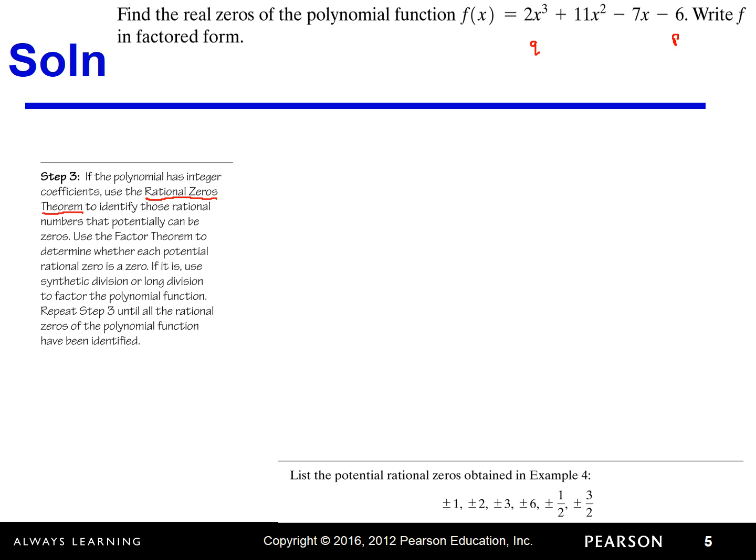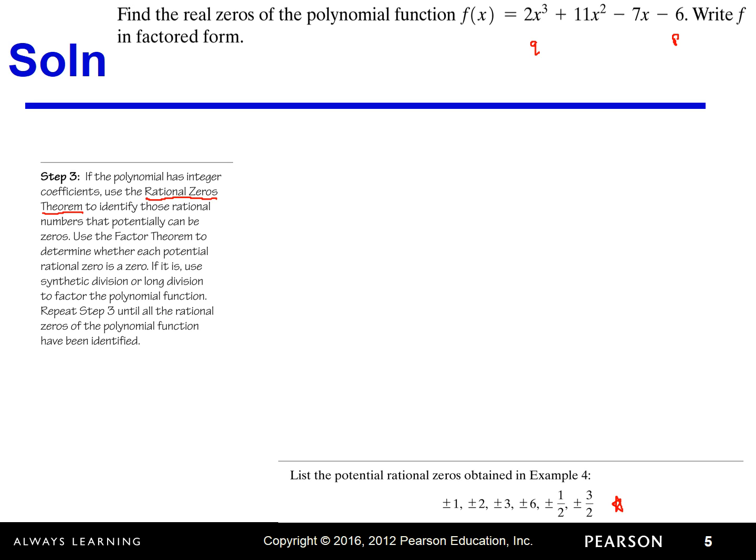And if you make all possible fractions p over q, this will be the list right here. 12 numbers, plus or minus 6 absolute values. We have 12 numbers here, and so those are the only 12 possibilities as far as a rational zero is concerned.